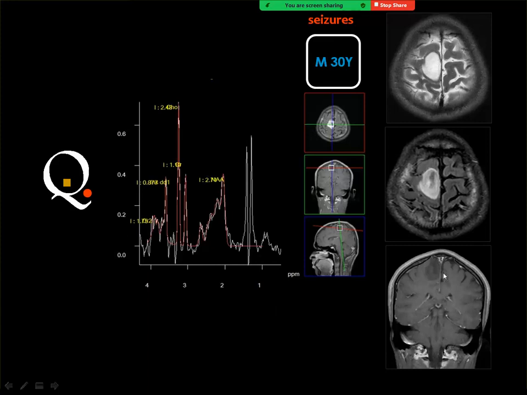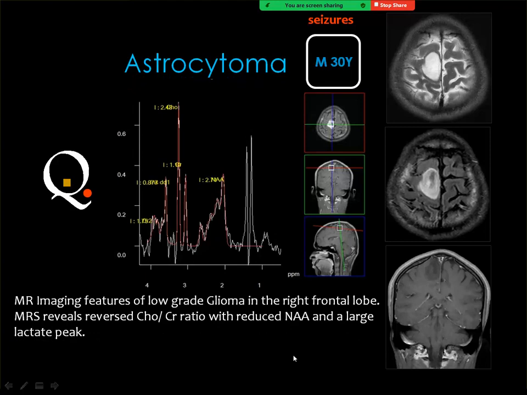The diffuse type does not enhance, and it will show the spectroscopic curve of a tumor in the form of depression of the NAA peak and elevation of the choline peak, and also you've got a high lactate peak. This is an astrocytoma, diffuse type.